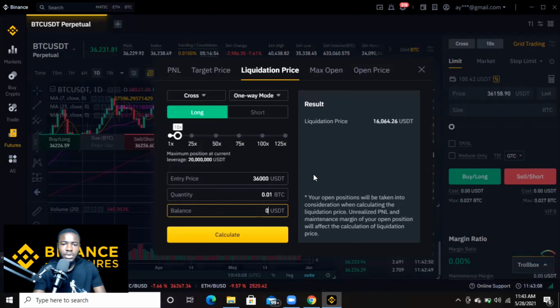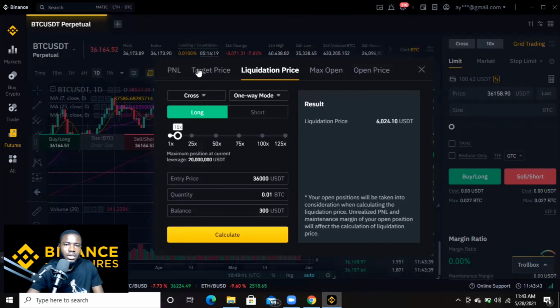So if my liquidation price is $16,000 for BTC and my balance was $200, I can easily increase my balance to $300. And when I calculate that, you can see that my liquidation price has reduced, which means I have more time to remain in that position for the price of that instrument to go up. The same thing applies if I am shorting the market, right? If I want to open a short position.